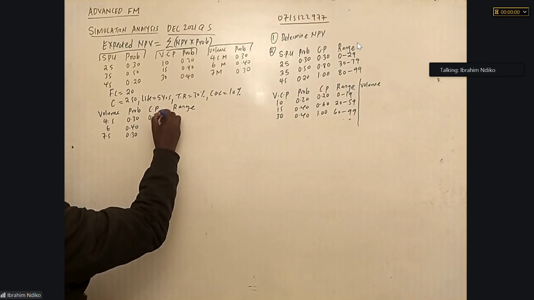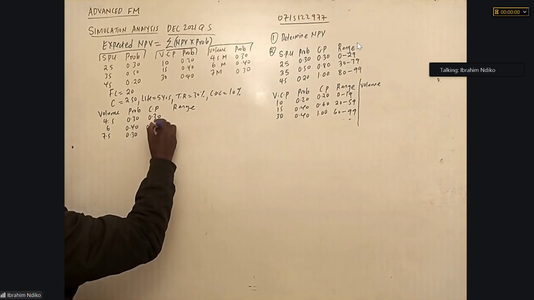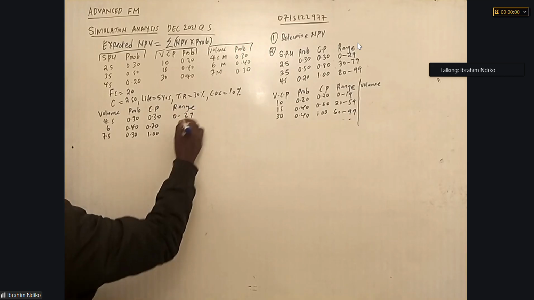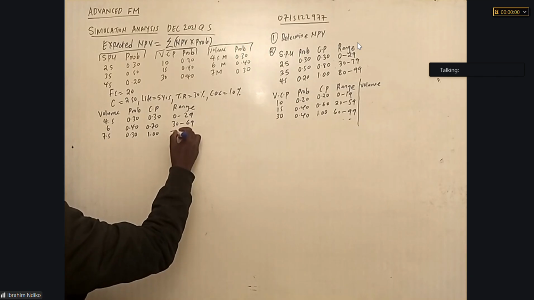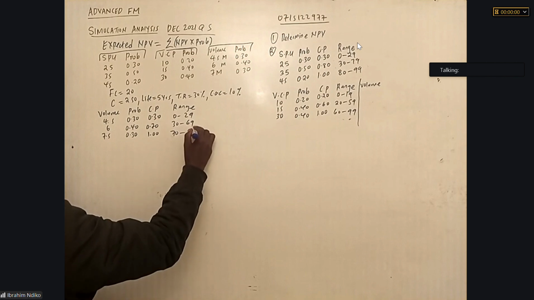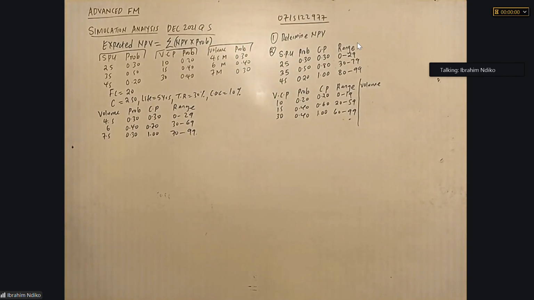Cumulative itakuwa 0.30, 0.70 na 1.00. Range: 0 to 29, 30 to 69, 70 to 99. Slide step number 2. Tuko sawa?